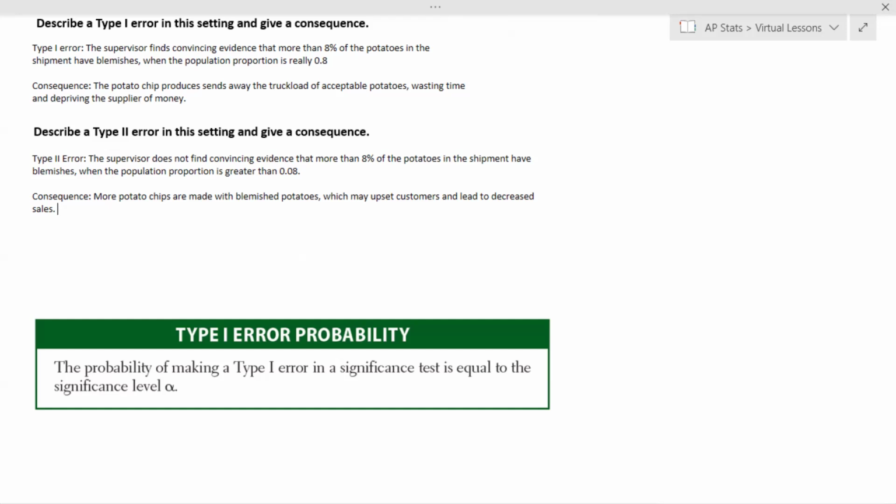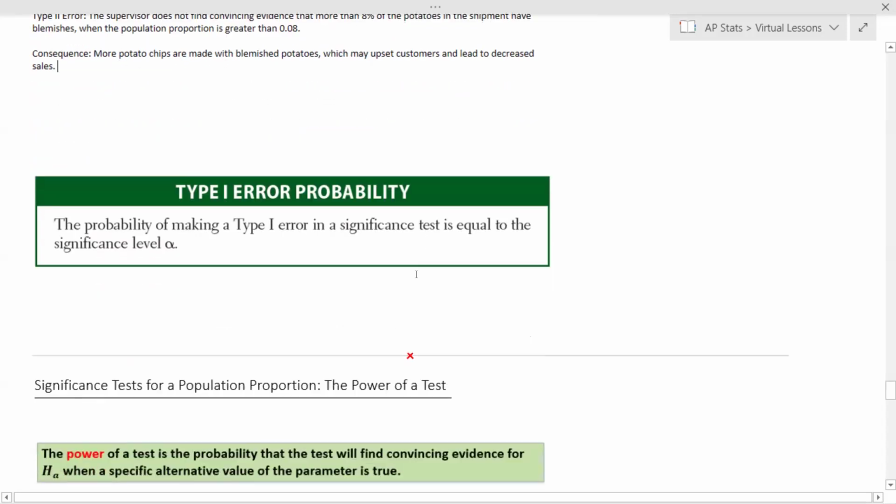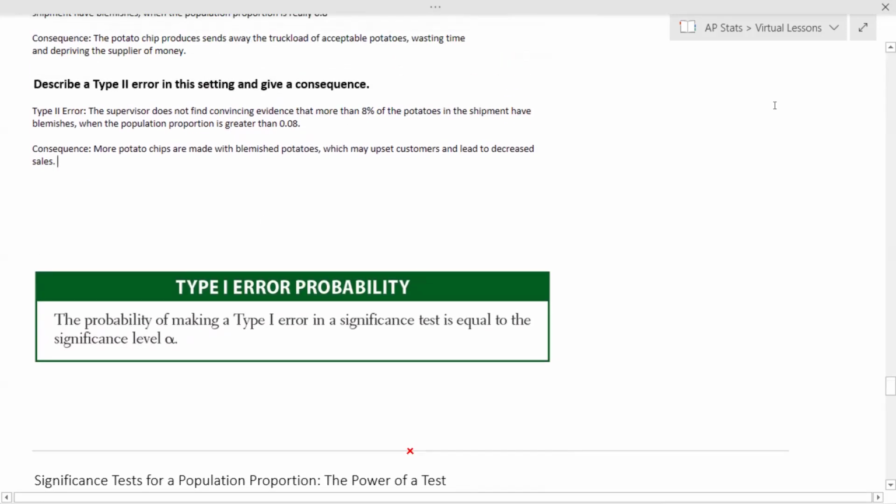So if we make it more difficult to reject the null by decreasing our significance level, then we increase the probability that we will not find convincing evidence for the alternative when it's really true. This is why it's important to consider the possible consequences for each type of error when you're doing significance tests. All right, so we'll wrap it up in this video with that one.